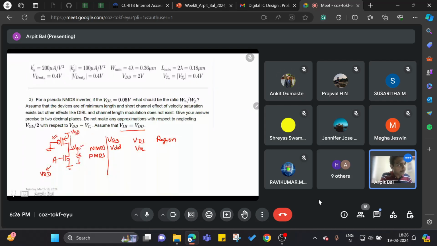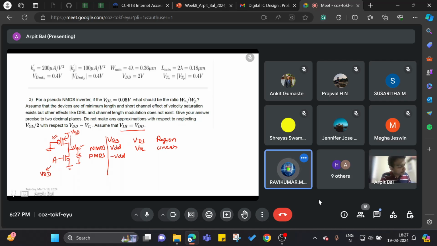Okay, let's do it step by step so that others can also follow. What is the region for NMOS? Linear. Okay. So for PMOS, what is VGS? Minus VDD. Okay. So what is VDS for PMOS?